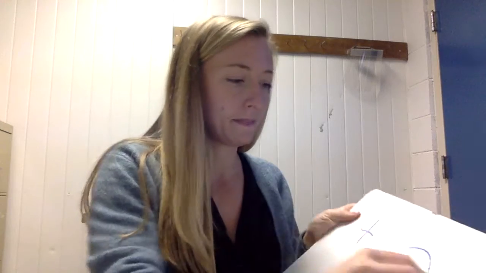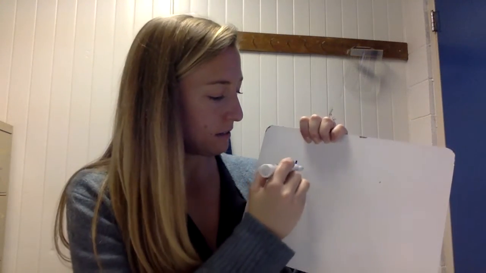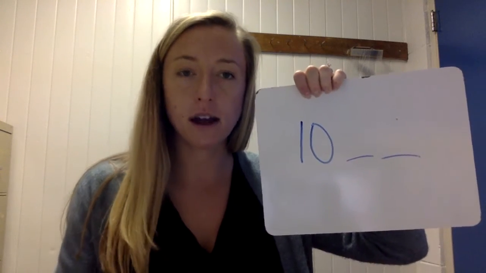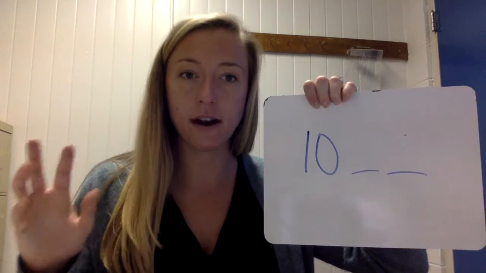If we were at 10 and I wanted to go 2 more spaces, rather than counting 1, 2, 3, 4, 5, 6, 7, 8, 9, 10, 11, 12, we can just start at 10.